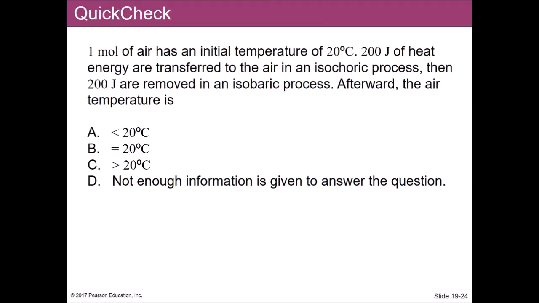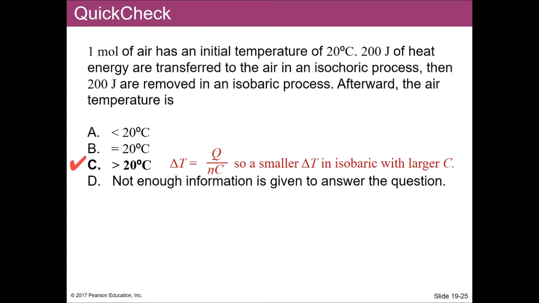All right. A mole of air has an initial temperature of 20 Celsius. 200 joules of heat energy are transferred to the air in an isochoric process, and then 200 joules are removed in an isobaric process. Afterward, the air temperature is what? The answer here is greater than 20. The reason is that in your isochoric process, no work is being done, so you transfer that heat and the temperature goes up.